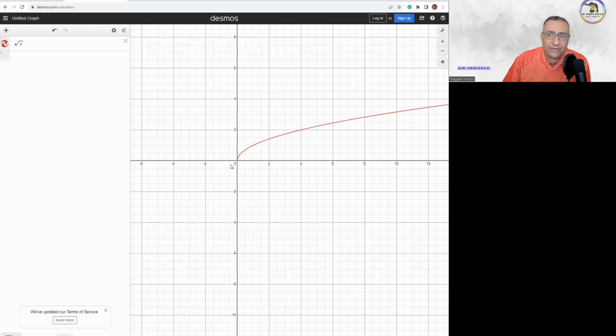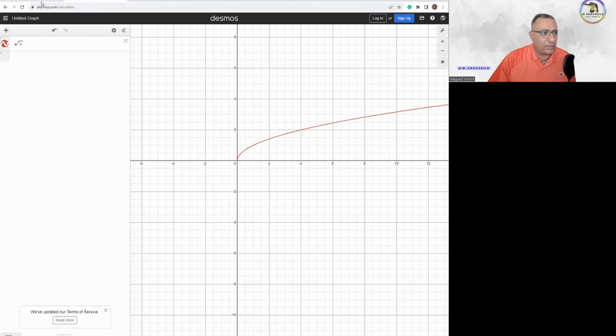That means there are no negative values, which makes sense because you cannot put a negative under the square root. Otherwise, it would be an imaginary or complex number, so the negative numbers will not be included in the domain. Of course, here we see the positive numbers, and then 0. Let us ask ourselves, can I put 0 inside, like square root of 0? The answer is yes, because root 0 is just 0. So the domain of square root of x is all positive numbers, including 0.